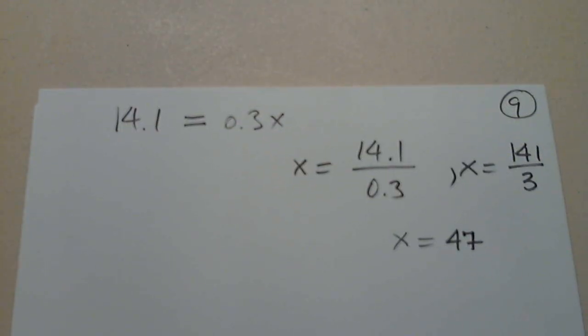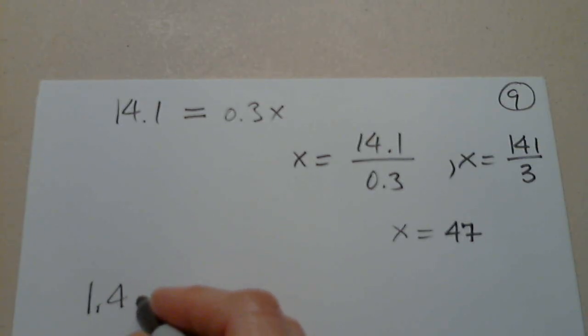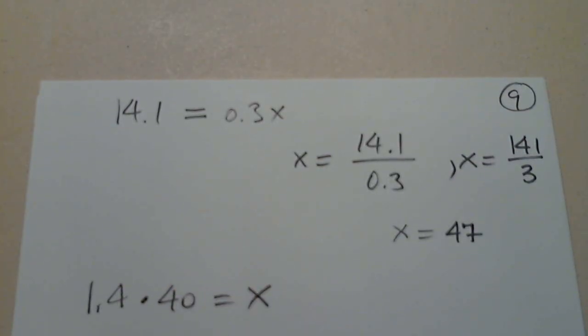Careful, careful. Let's read it again. 1.4 of 40. 1.4 times 40. Aha! Indeed, indeed. 1.4 of 40 is what number?